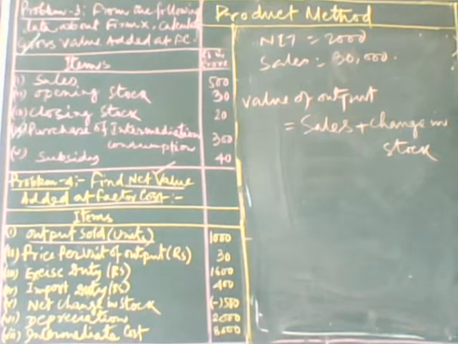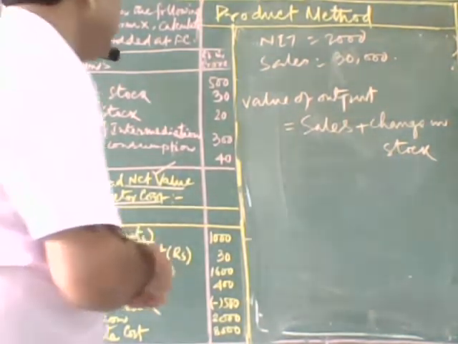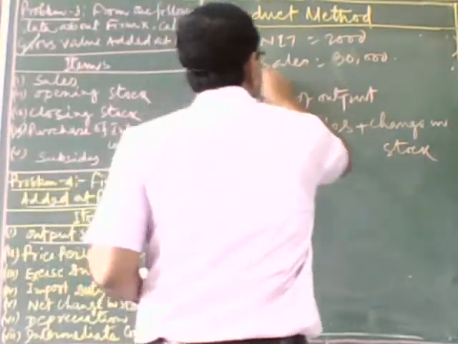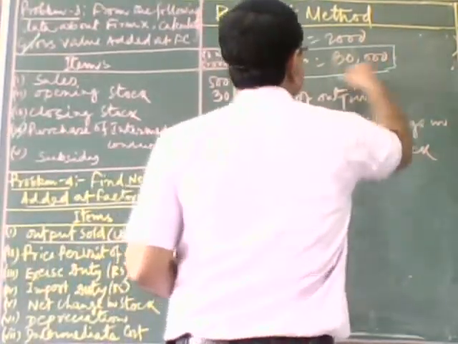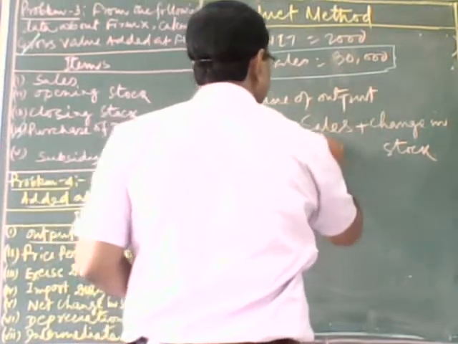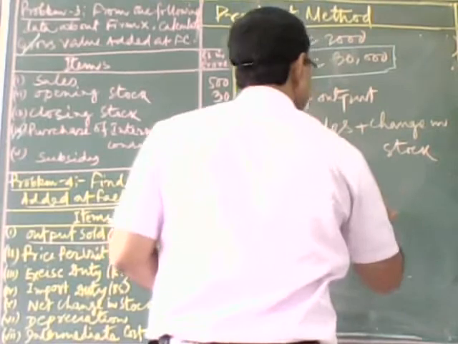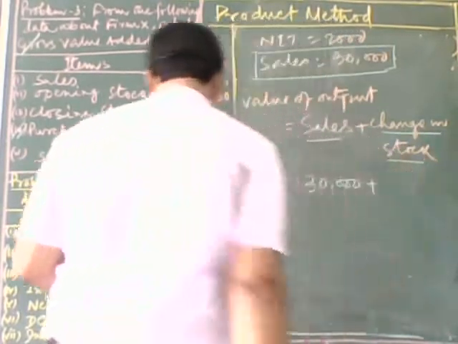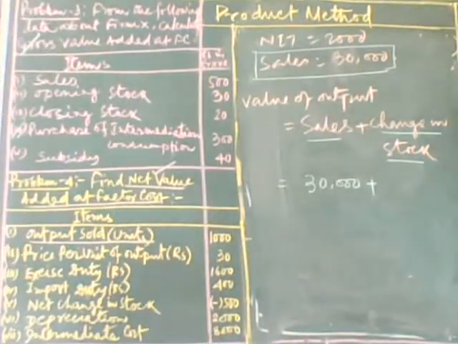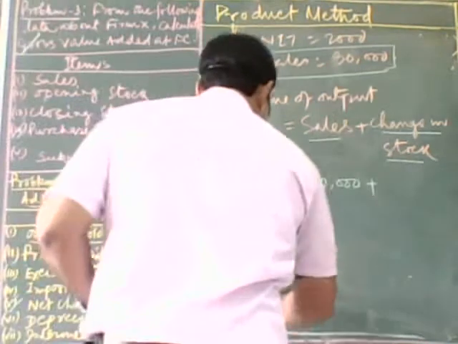Here already value of sales we have calculated, that value is 30,000. Now you have to put the value 30,000 plus change in stock. Change in stock means item number 5, that is net change in stock, that value is minus 500.